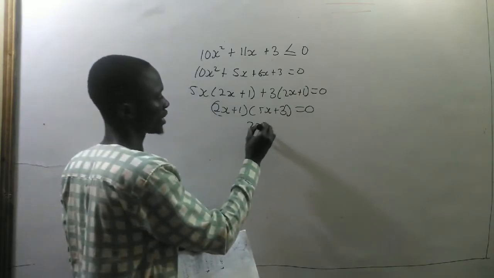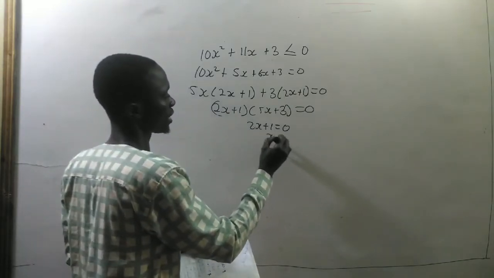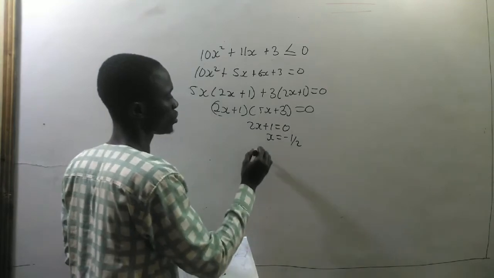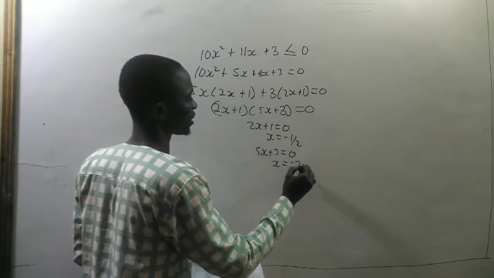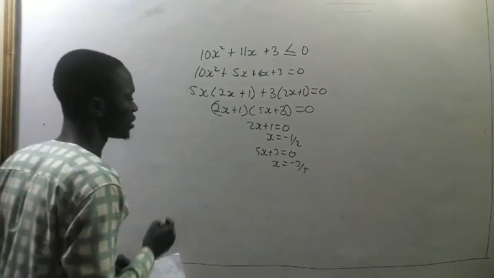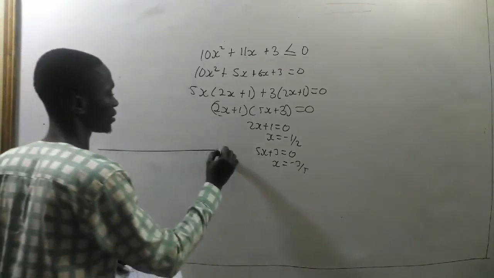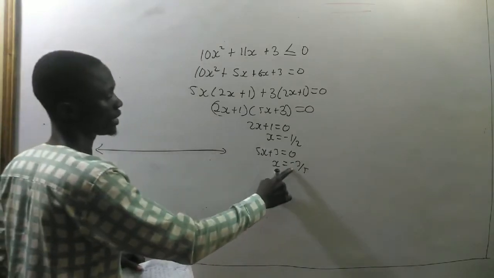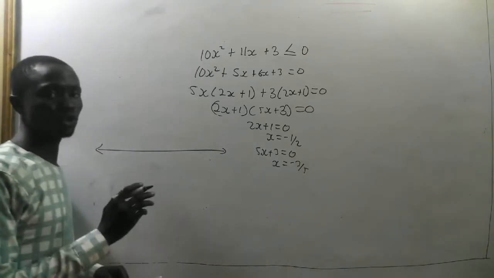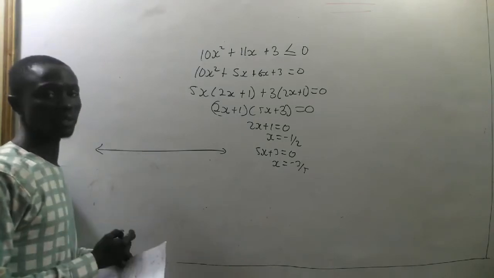So here you take 2x plus 1 equal to 0, x equal to negative 1 on 2. You take 5x plus 3 equal to 0, x equal to negative 3 on 5. Right. So now we draw the number line. This is negative 1 on 2, negative 3 on 5. So if you are not sure which one is greater, just change them to decimals.